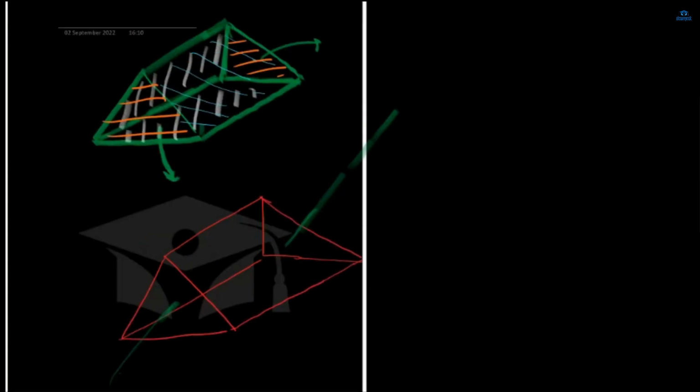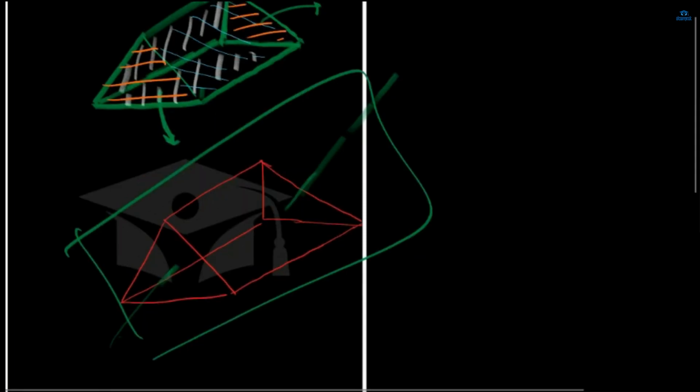So the thing we want from the prism, we will not get from this part if we let the light get refracted from the triangular face.